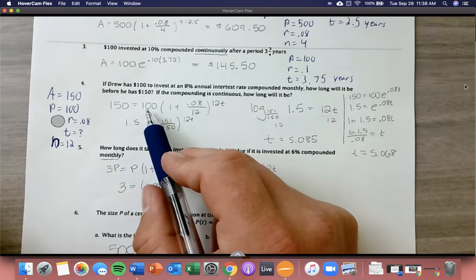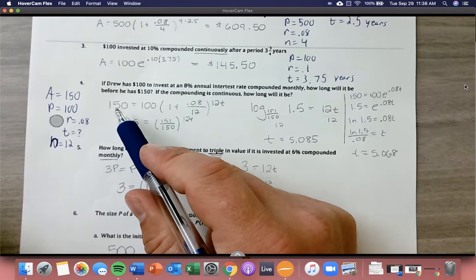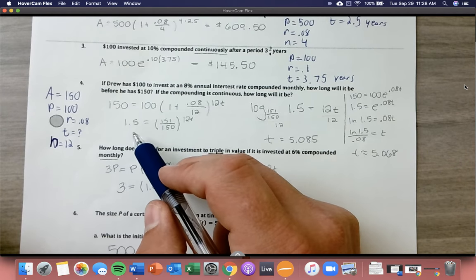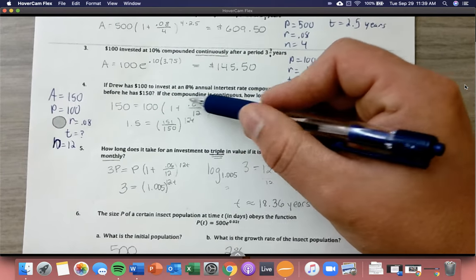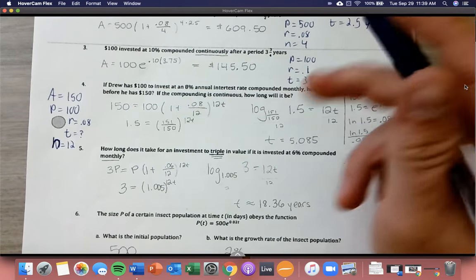So first thing we can do is divide this 100 over, and 150 divided by 100 is 1.5. When we simplify all of this, I can even show you that real quick.